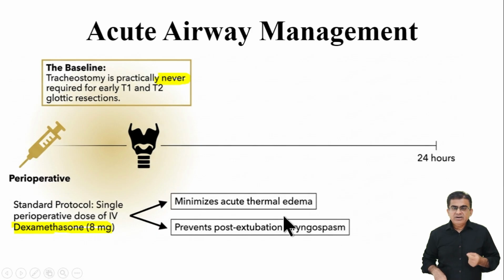First, this steroid safely minimizes the acute thermal swelling caused by the heat of the laser. Second, it strongly helps to prevent any dangerous vocal cord spasm right after we remove the breathing tube. We closely watch the patient's airway for the first 24 hours to ensure they are breathing perfectly.